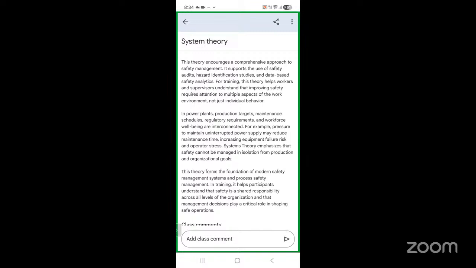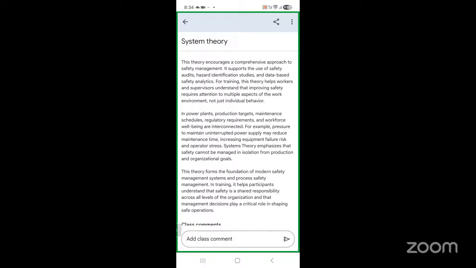In power plants, production targets, maintenance schedules, regulatory requirements, and workforce well-being are interconnected. For example, pressure to maintain uninterrupted power supply may reduce maintenance time, increasing equipment failure risk and operator stress. Systems theory emphasizes that safety cannot be managed in isolation from production and organizational goals.